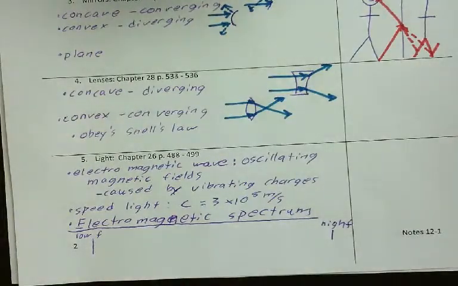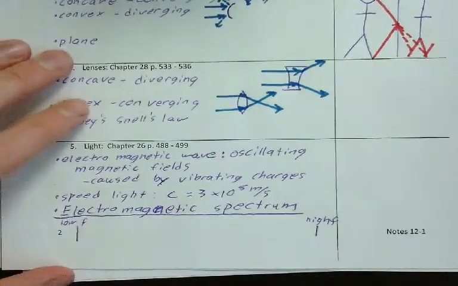Ultraviolet, X-rays, gamma rays. Okay, before I continue with the song, which we will continue with because you need to know examples of all these, let's quickly go through what the electromagnetic spectrum is. So here's what it is.